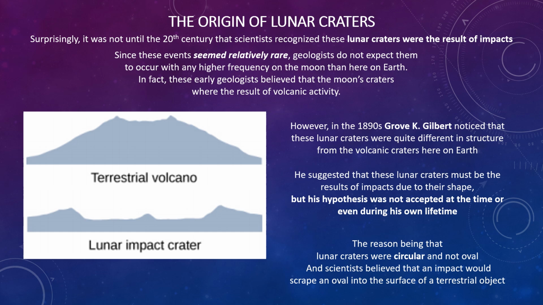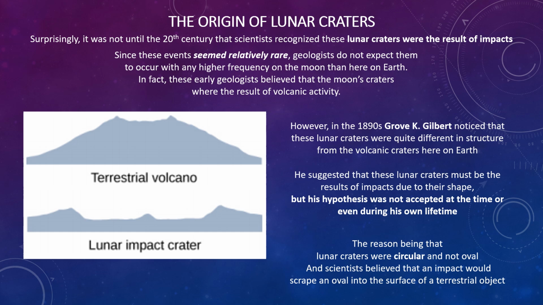So in the 1890s, Grove K. Gilbert noticed that the lunar craters were different in structure from the volcanic craters here on Earth. And so he suggested that these lunar craters must be the result of impacts due to their shape and not volcanoes. But his hypothesis wasn't accepted at the time or even during his own lifetime.